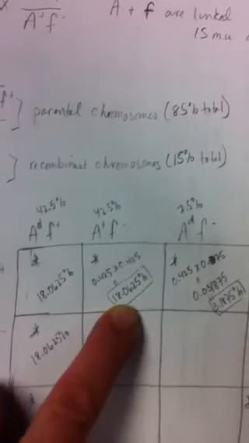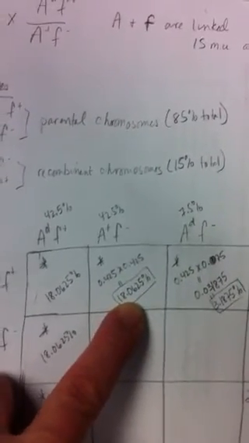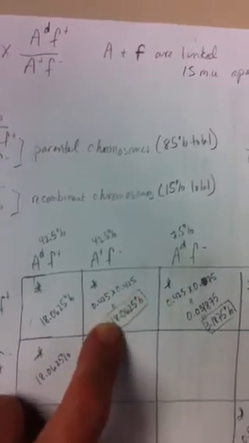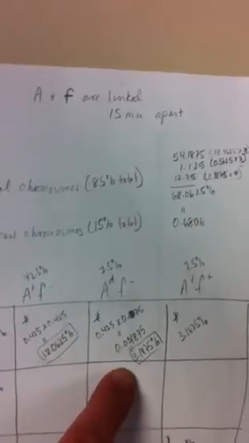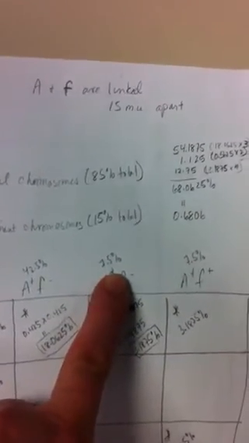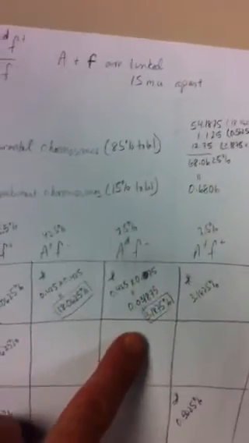So I've done the math here for 42.5% times 42.5%, and that's 18.0625% of the time that we're going to get progeny that have this genotype. And then this time I'm going to multiply 0.075 by 0.425, because it's this recombinant gamete times the parental gamete, which is going to give me 3.1875%.